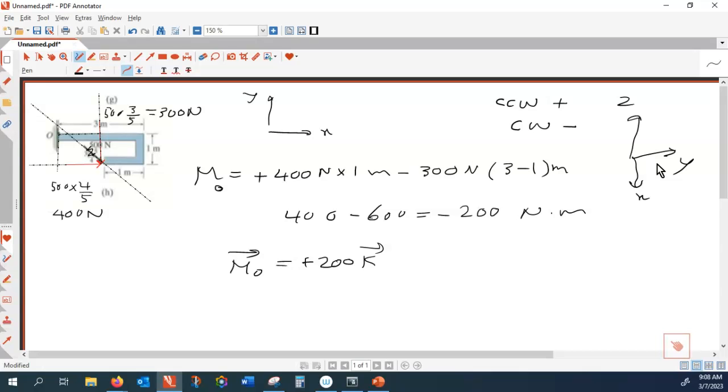If I don't want to project it, we could have left the force itself. So that is the line of action for the entire force. From this point, you draw a normal. That's the shortest distance. So it has a very small radius of rotation, and that is not easy to calculate. You have to do some similar triangles and trigonometry.